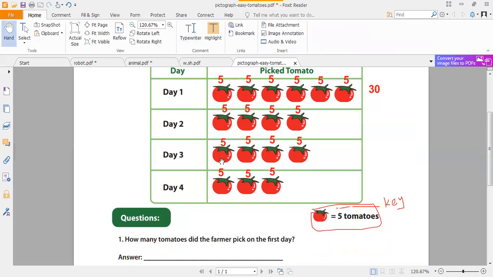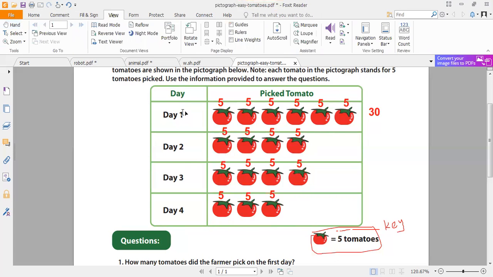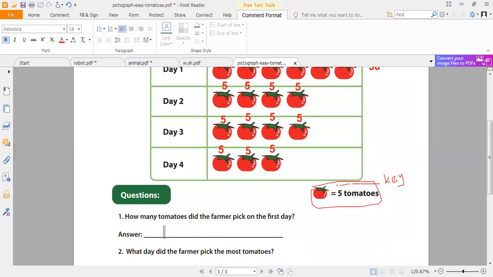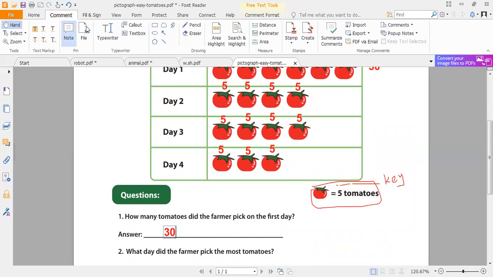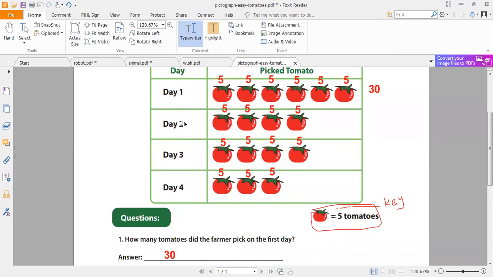okay, if I asked you how many tomatoes did the farmer pick on the first day, we said in the first day he picked 30 tomatoes. So our answer will be 30 tomatoes. Okay? How many tomatoes did the farmer pick in the second day? In day 2. Don't say 1, 2, 3, 4. No, it's not true.